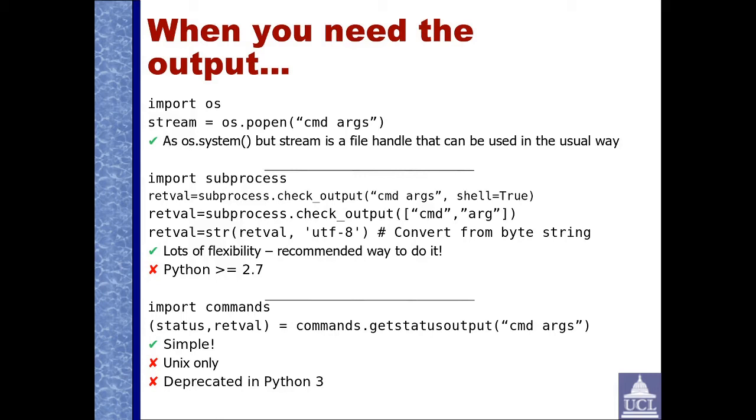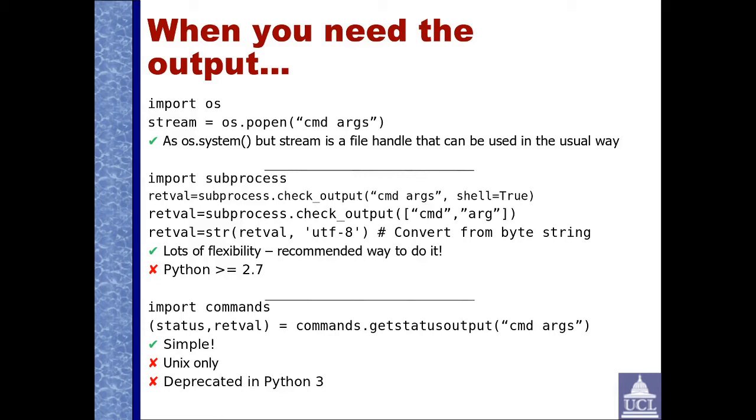On the other hand, when you do need the output, things become a little bit different. The first of these approaches is to use popen. Now what popen does is to open what's known as a pipe. You may be familiar with pipes as the kind of vertical bar that you can use from the command line to send the output of one program to the input of another.